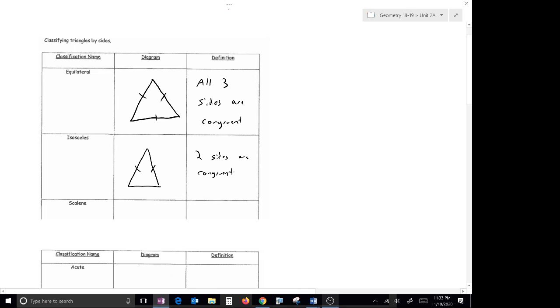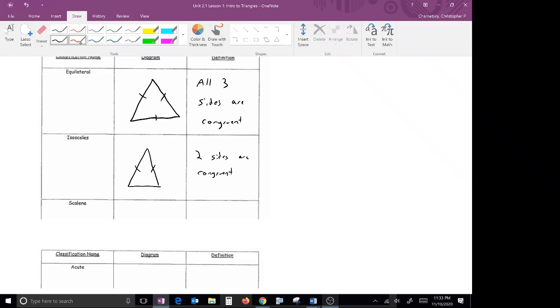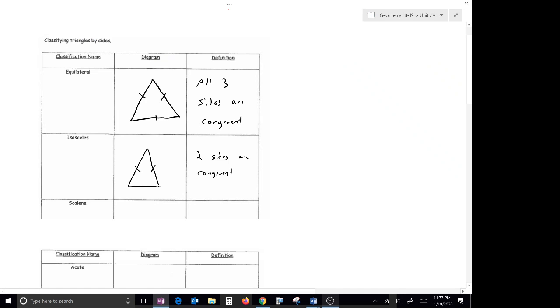Now, a little bonus for isosceles and equilateral triangles. If I know that in an equilateral triangle all three sides are equal, I also know that all three angles are equal. And in an isosceles triangle, I know that just these two bottom base angles are equal.